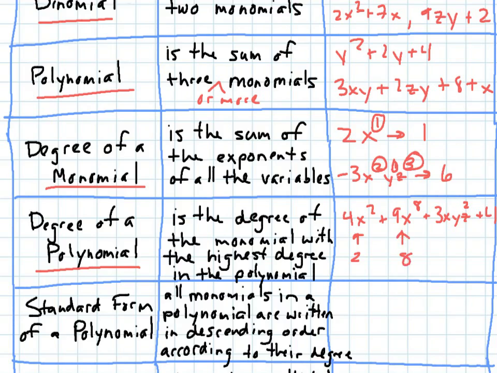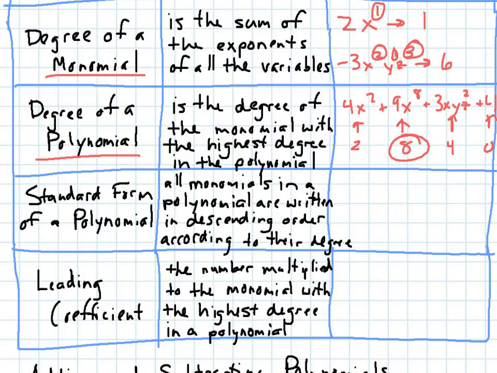And then for 3xyz squared, x has 1, y has 1, and z has 2, so that gives me a 4. And then the 4 has no variables, so it has a 0 degree. So the highest degree of this polynomial is 8. So if I was looking at the degree of this polynomial, I would say 8, because that's the highest degree.